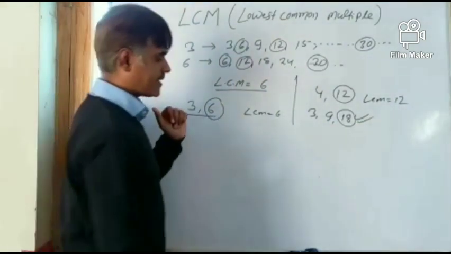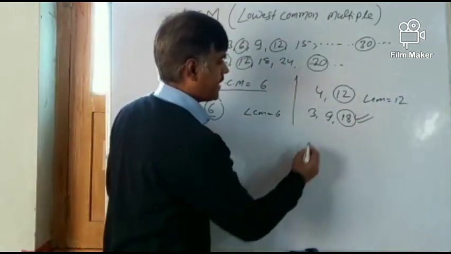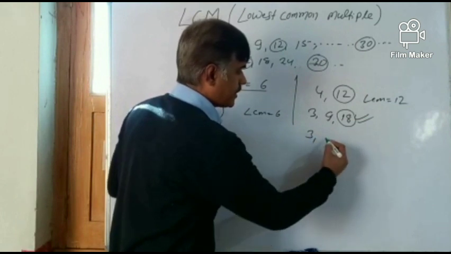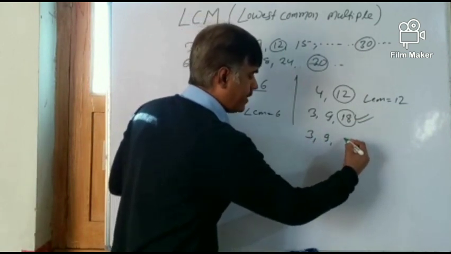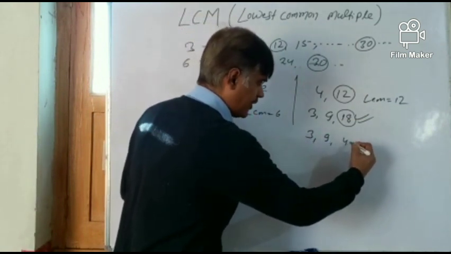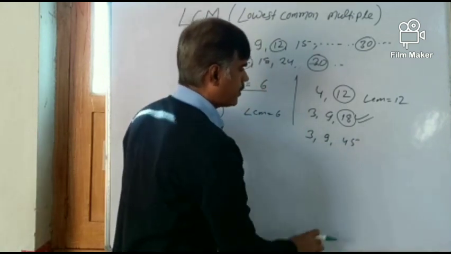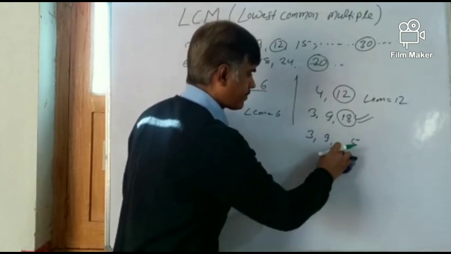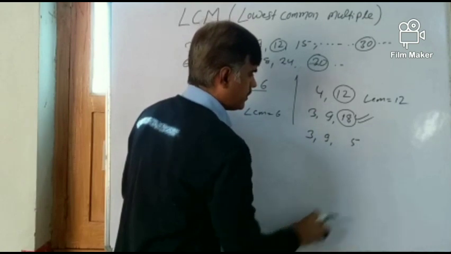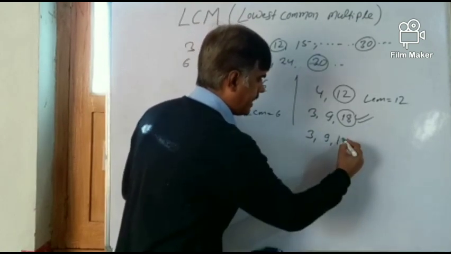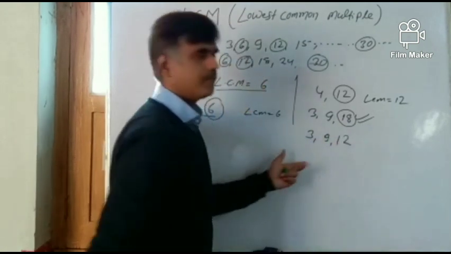But in some cases it happens that, suppose we choose 3, 9 and 45. Oh sorry, 45 is actually divisible. Suppose we take 3, 9 and 12.